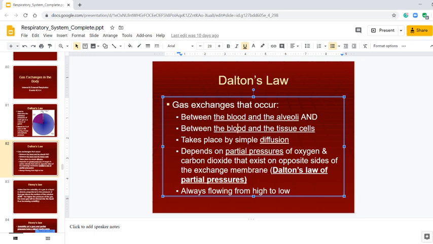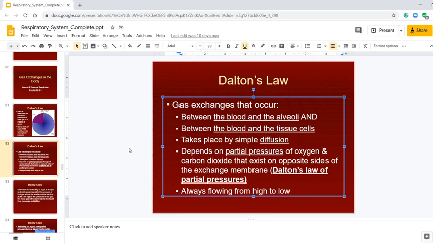Simple diffusion depends on the partial pressures of oxygen and carbon dioxide that exist on opposite sides of the exchange membrane. This depends on the pressure of oxygen and carbon dioxide on this semi-permeable membrane, the simple squamous alveolar wall, or, for internal respiration, between the blood vessel wall and the tissue. We're always flowing from high to low pressures.